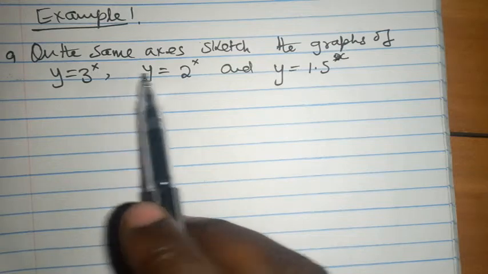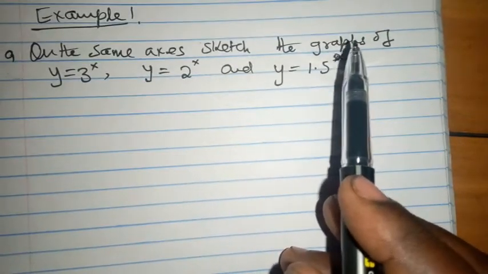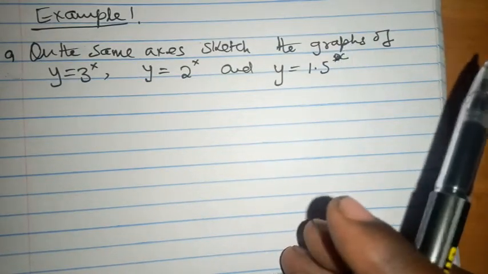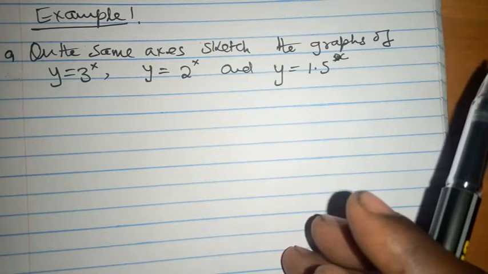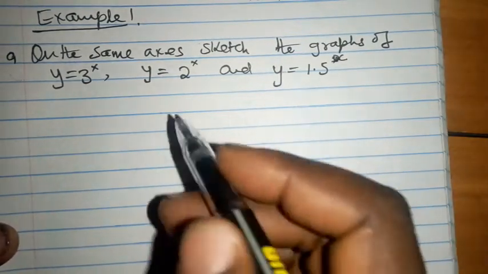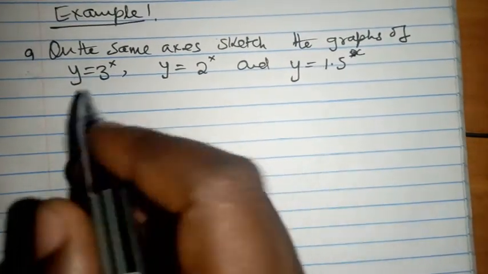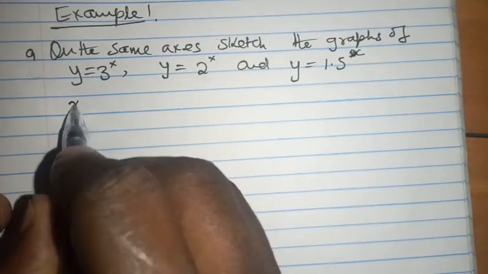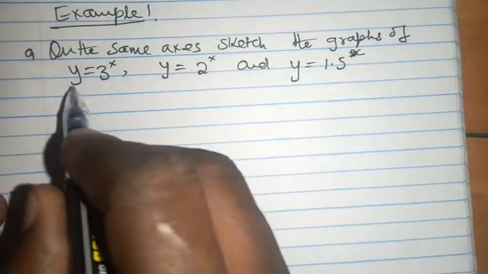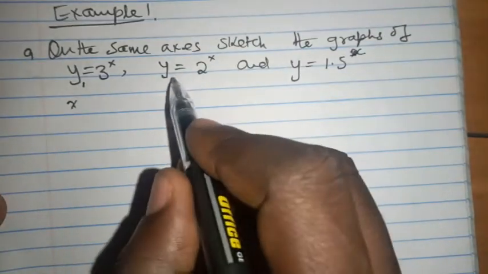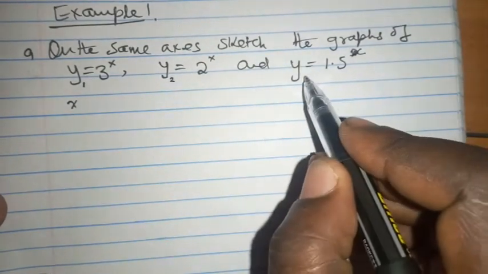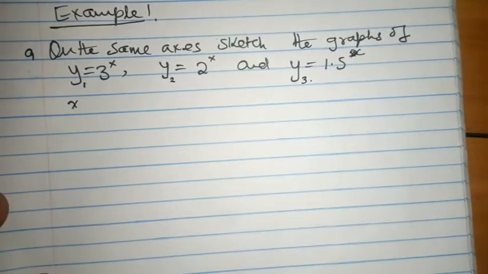It keeps changing. I just want to tabulate this information, so to speak. Let us have x. Let this be y1, this y2, and this y3.